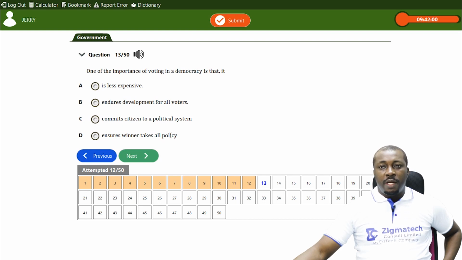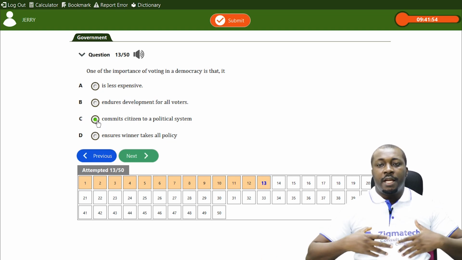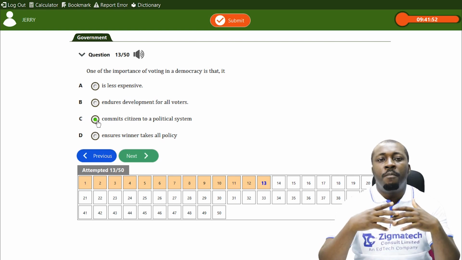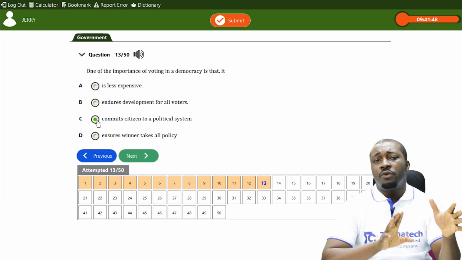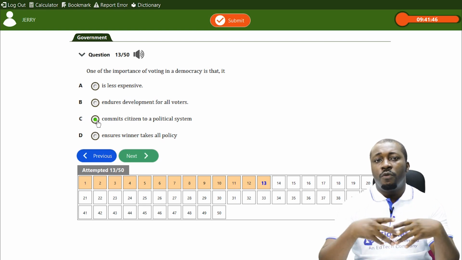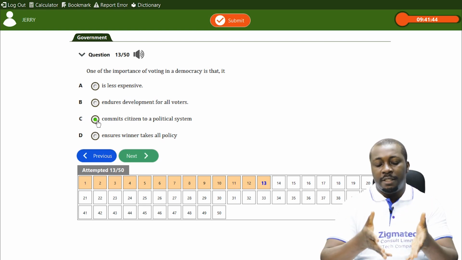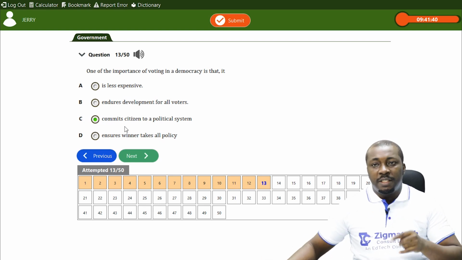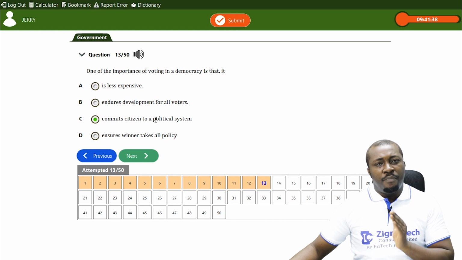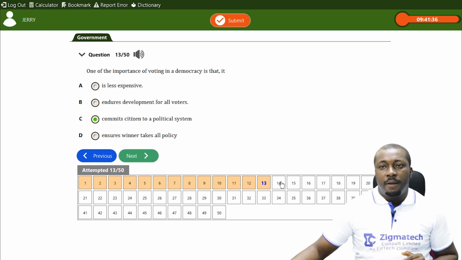D, ensures winner-takes-all policy. That is, of course, commit citizens, because voting is an obligation, a political obligation. It is also a political right of citizens. So when citizens exercise this political right of voting, what happens? Citizens are committed to their political system.